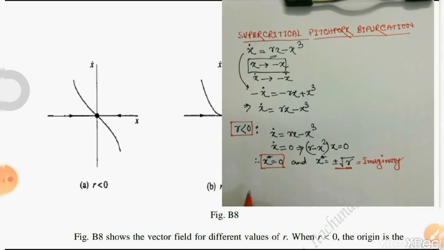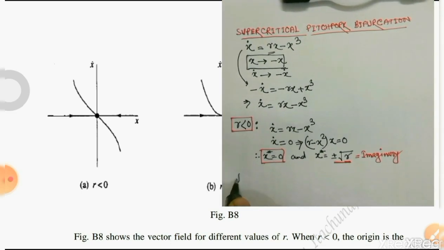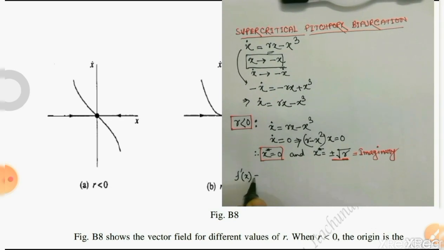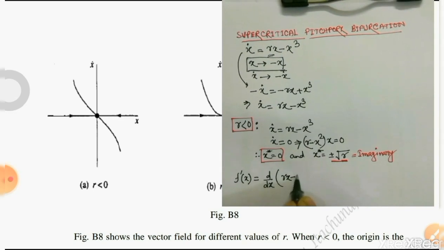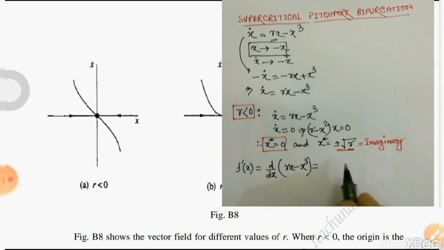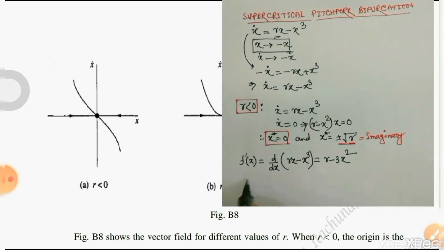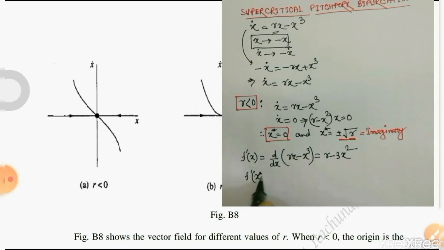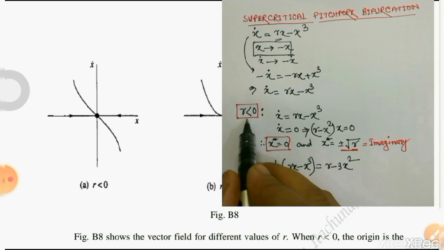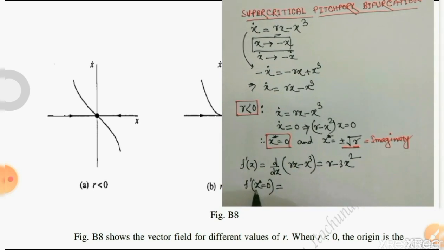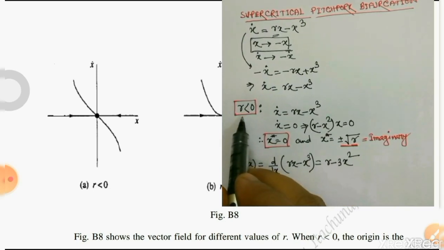Now, we will check the stability of this fixed point. For this, we will first determine f prime of x, that is d/dx of rx minus x cube. This will be equal to r minus 3x square. Now, f prime at x star equal to 0, which is the only fixed point for the r less than 0 condition, will be r, and r is less than 0 here.